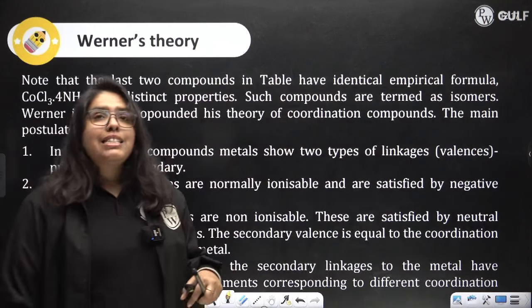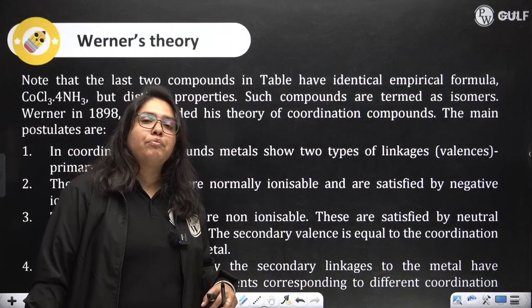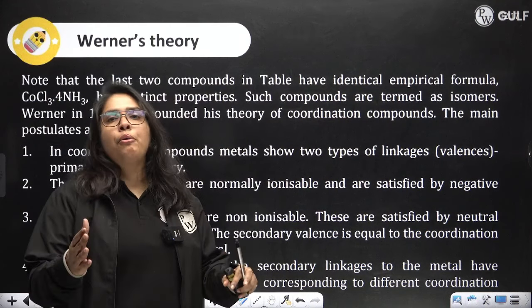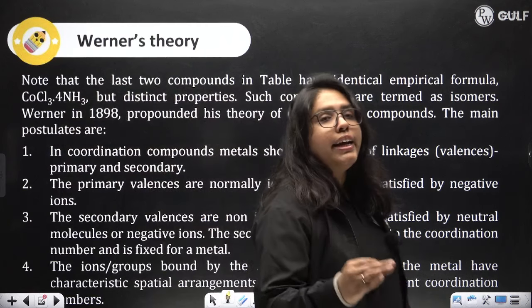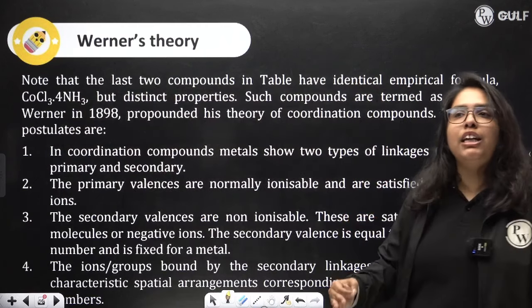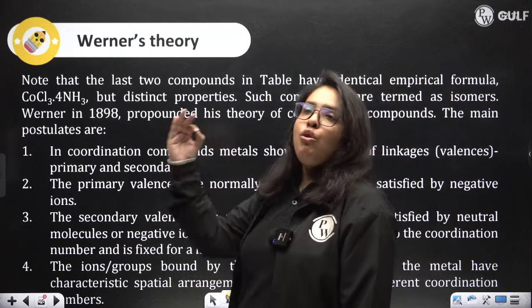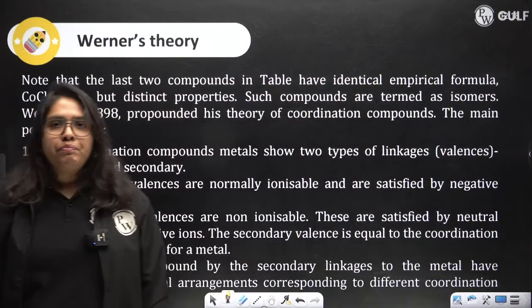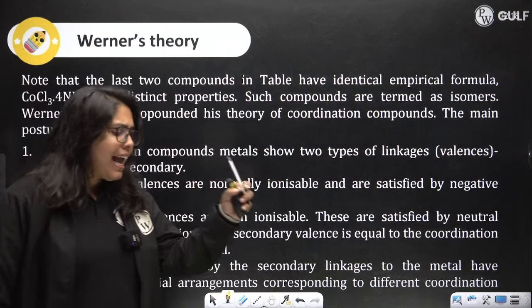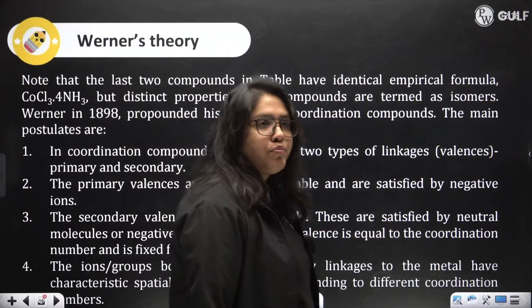Whereas secondary valency is non-ionizable, which is nothing but the coordination number of the metal atom in a given coordination compound. As simple as that. Right?